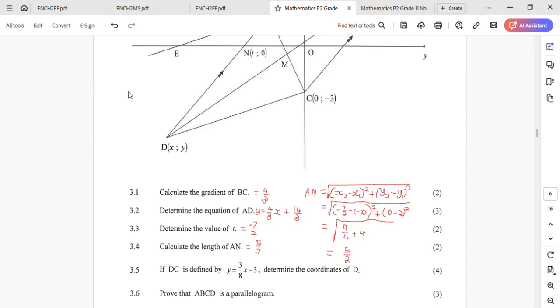We have minus 7 over 2, and then minus into minus 2.